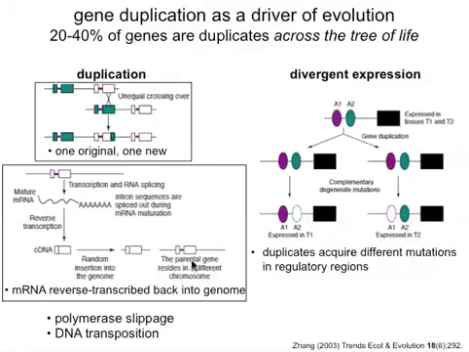Now, on the right here, I'm talking about divergent expression. So we're sort of ignoring the coding region of the gene, perhaps, and instead thinking about regulatory regions. So we undergo a duplication event, perfect copies of one another, but here we're describing something that happens, complementary degenerate mutation.